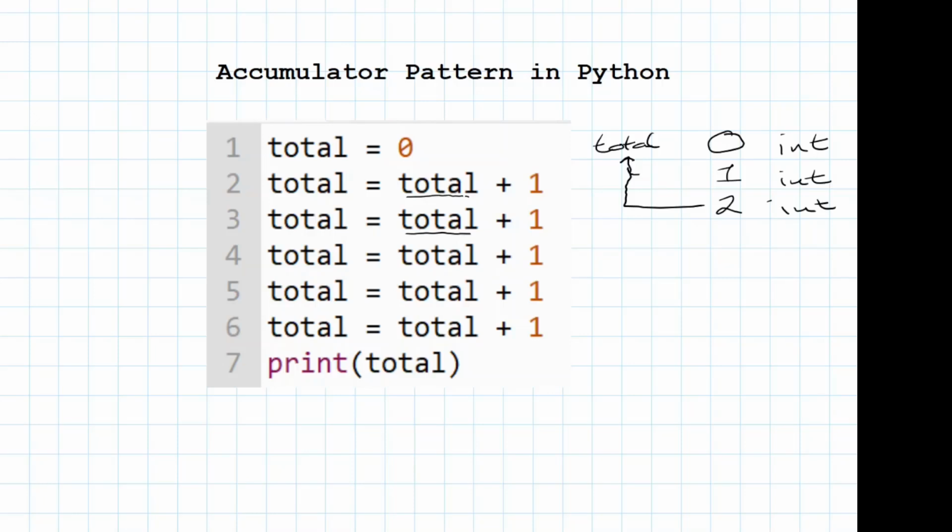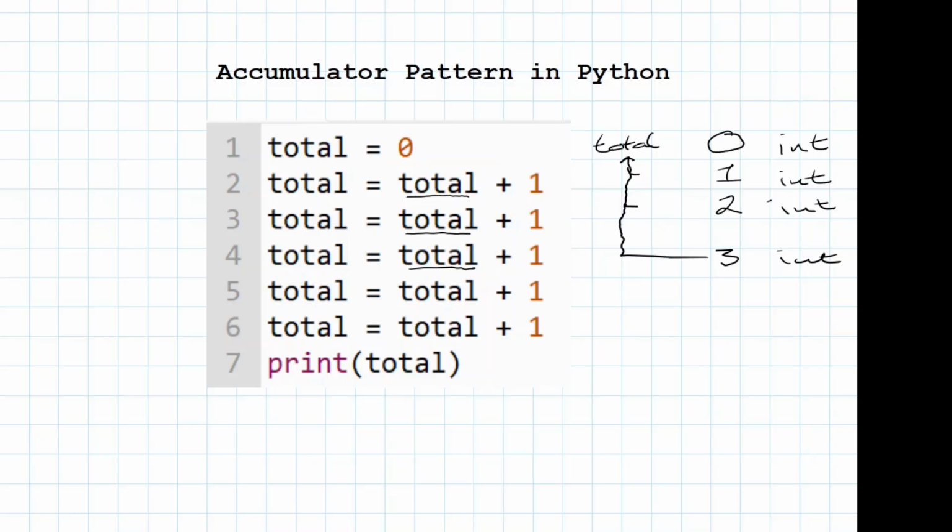So we go on to line 4. Line 4 gets what's on the right-hand side of the equals first, goes into memory, finds total, which is 2, and adds 1. So we now have the value 3, and it's an integer. After it goes into memory, it's linked to the variable, and our previous reference no longer exists. Hopefully you can see that as we run through the lines, we're accumulating the value of total.